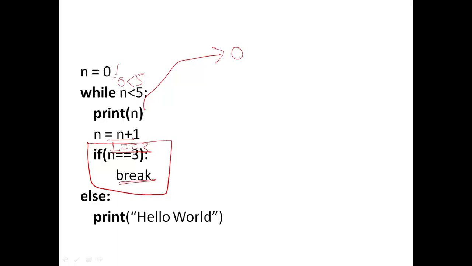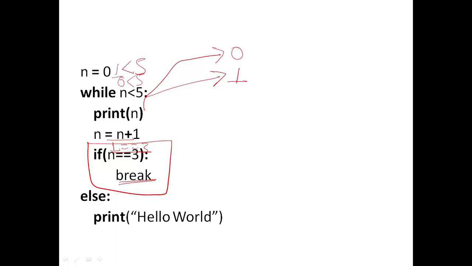We again check the condition of the while loop, that is 1 is less than 5. This is a true condition, so we are going to print n. It will output 1, and then we are going to update the value of n by plus 1.